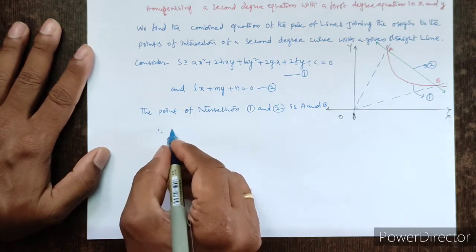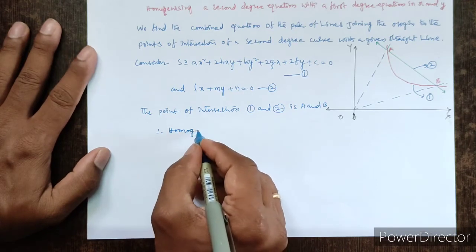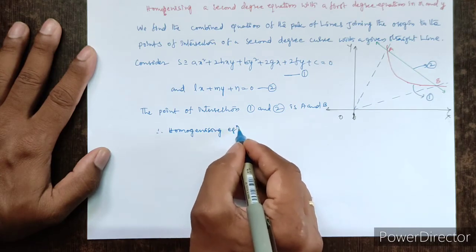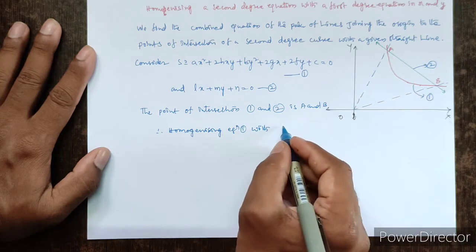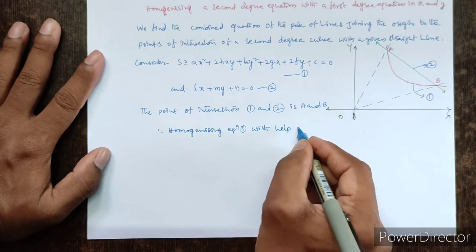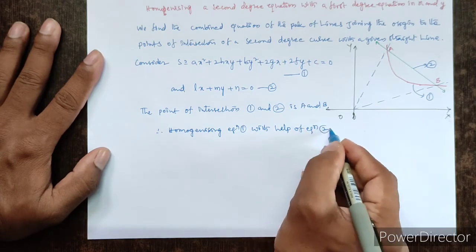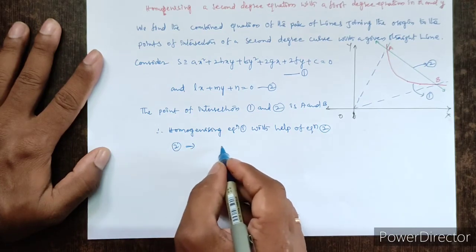Therefore, homogenizing equation 1 with the help of equation 2, then what is 2?